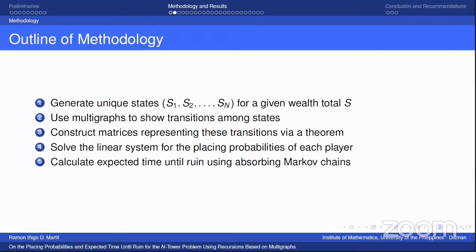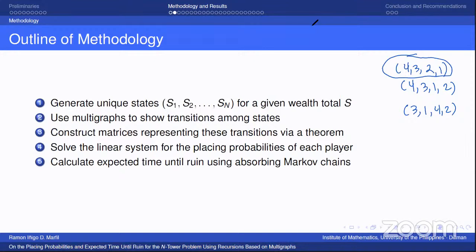And for the multigraph, we arrange the positions in decreasing order. So if we have a state 4, 3, 2, 1, and for example 4, 3, 1, 2, for purposes of graphing, they are the same. Or it could also be 3, 1, 4, 2. So we clump all of them together, and write them in the graph simply as 4, 3, 2, 1 for simplicity. Okay?